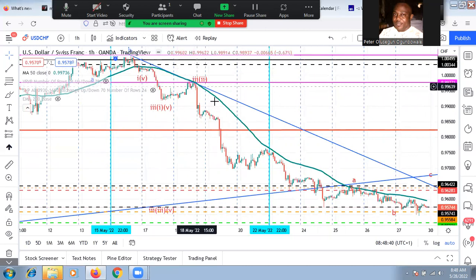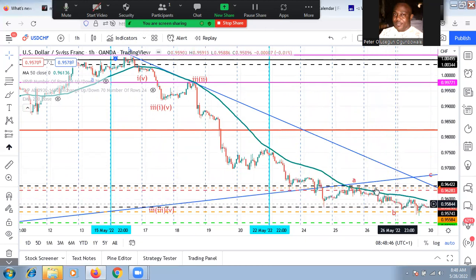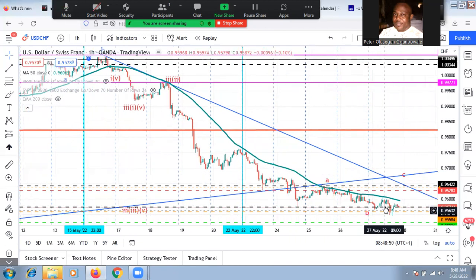Ever since it was below it, now we're close to it. This is at 4. I didn't wait for 5 because they might have 5 completed. At this green level was where I put my TP, where I just closed it to wait for what is going to happen, because in as much as this price is close to the 50 EMA on 1 hour, it is also very close to the 1 and 2 trend line.